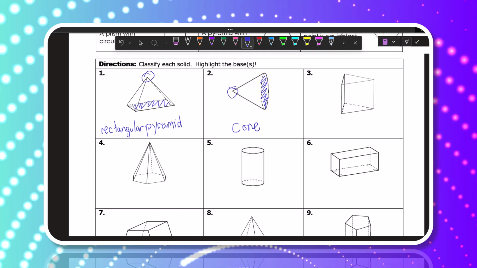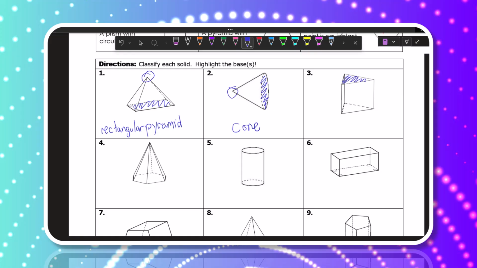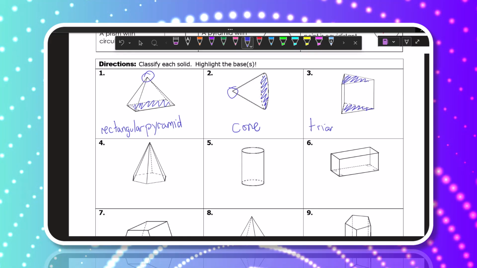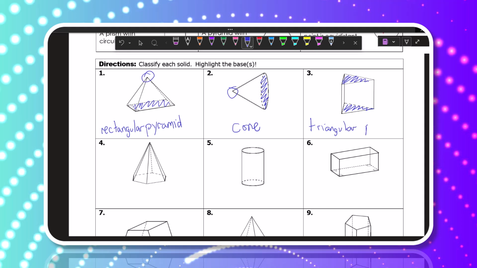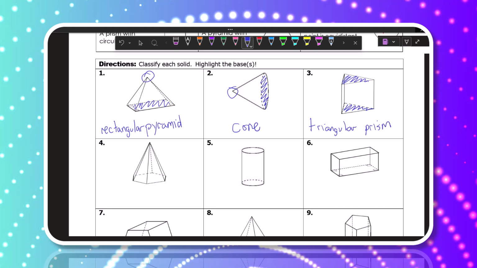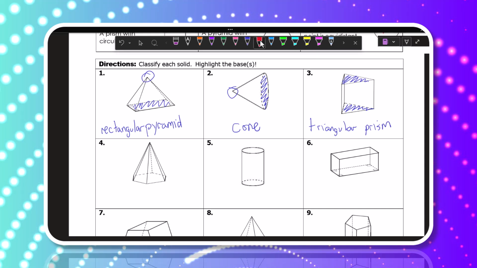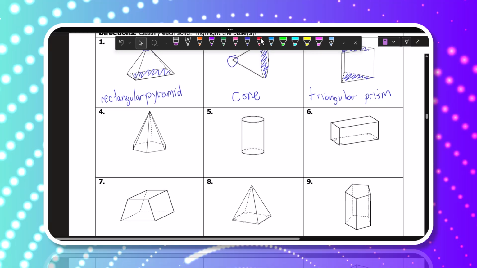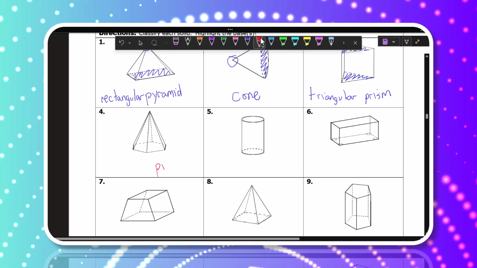Number three are bases, two things that are congruent. So this is a triangular prism. Same thing as what we looked at above. Now we have number four. It is a pyramid.